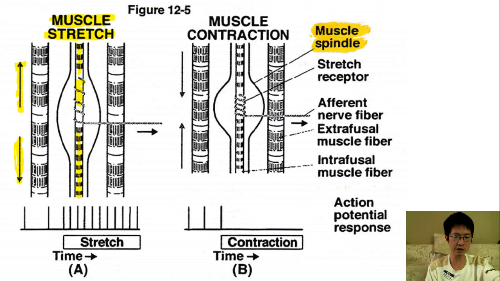Why do we call it a stretch receptor? Because when the stretch receptor is stretched, it triggers an action potential. The action potential travels along what we call the afferent neuron, and then goes to the CNS. That means it goes to the spinal cord, and eventually also to the brain.